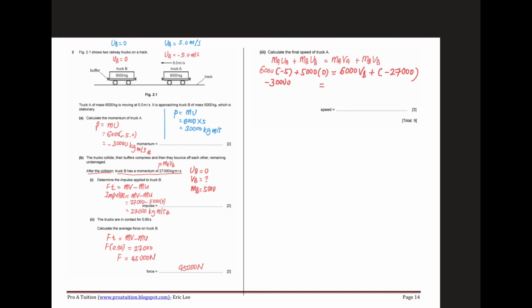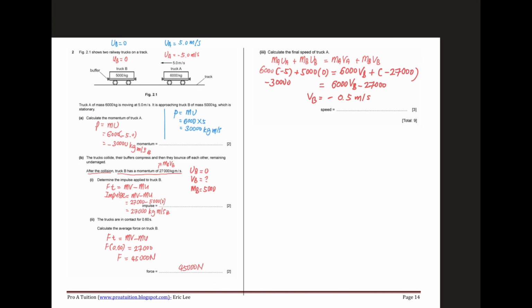And then we count it. So you get negative 0.5.